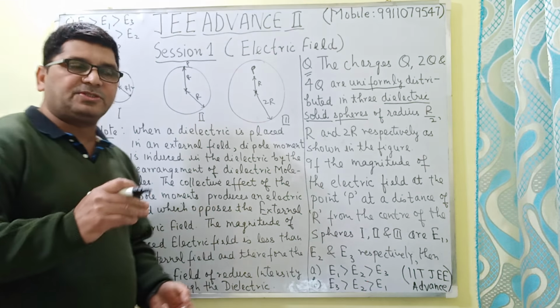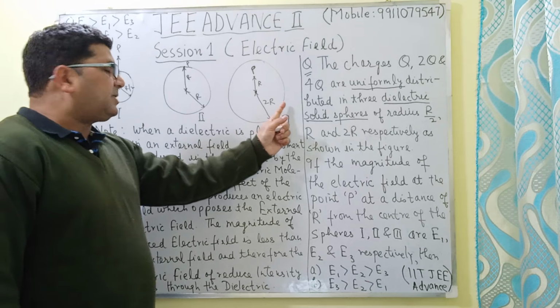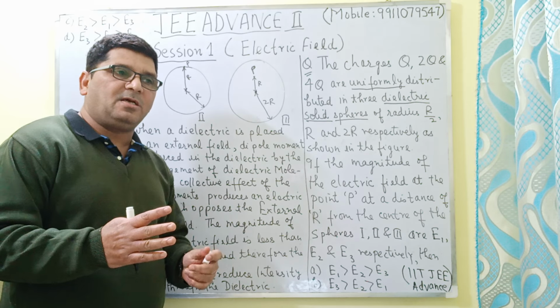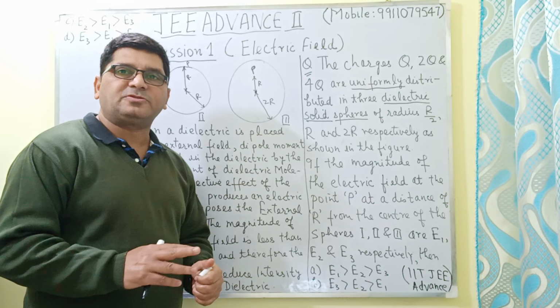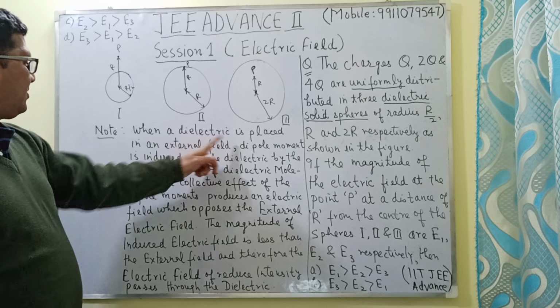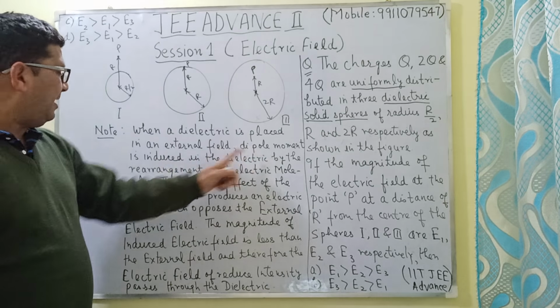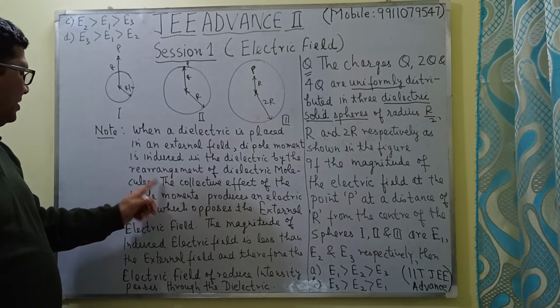Whenever a dielectric is placed in an external field, the external field induces a dipole moment by rearranging the molecules of the dielectric. So here I have already written that when a dielectric is placed in an external field, the dipole moment is induced in the dielectric by the rearrangement of dielectric molecules.